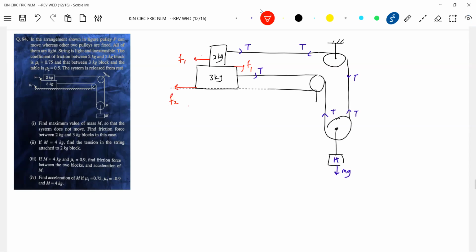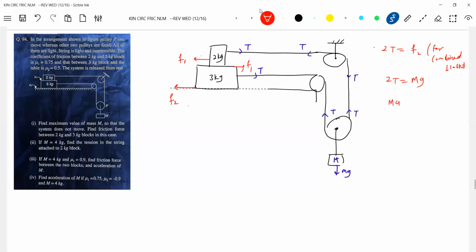So let's write the equation first. 2T should be equal to F2, for the combined block, so that F1 will become internal and get eliminated. And this 2T further should be equal to mg.